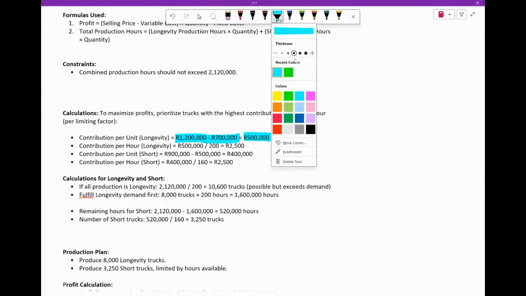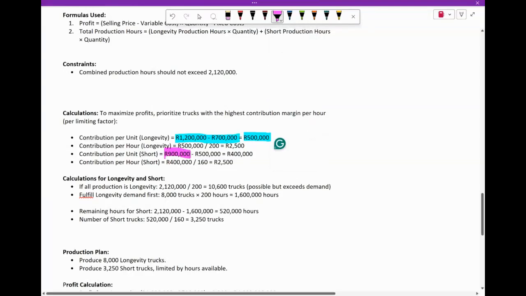If we look at short, the selling price per unit is 900,000 and the variable cost is 500,000, which gives us a contribution of 400,000 per truck when it comes to short.